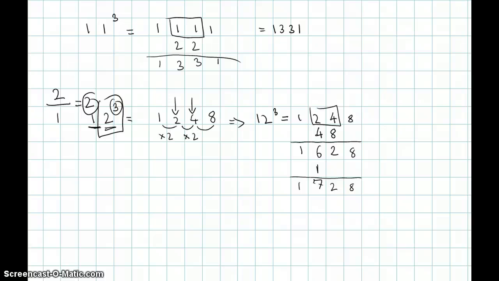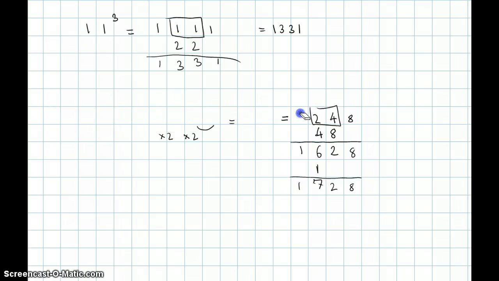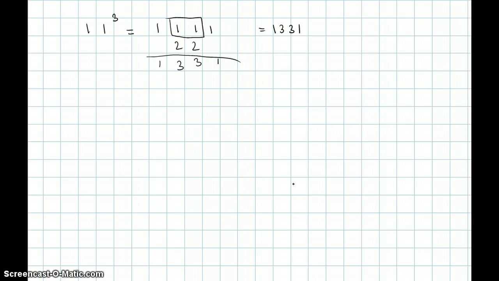Now here I'll try 13. So let me just make some more space. Okay, so 13 cubed. First step, write all the digits. So left digit is 1, right digit is 3 cubed, which is 27.